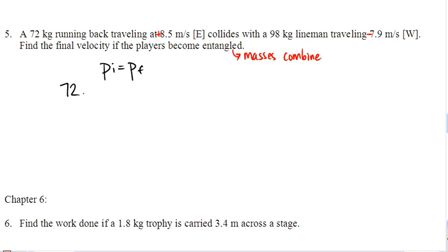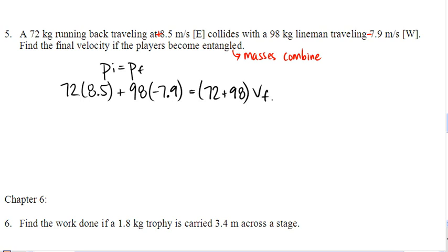Got a 72 kilogram running back at 8.5 meters per second plus a 98 kilogram lineman traveling at negative 7.9 equals, now we're going to add those two masses together, 72 plus 98, they wrap each other up, moving away with some final velocity. 612 plus negative 774.2 equals 170 VF.